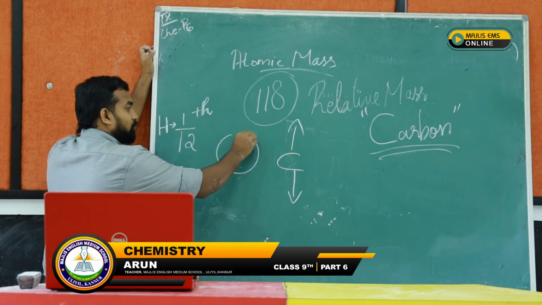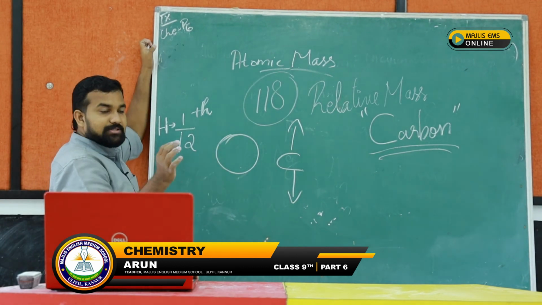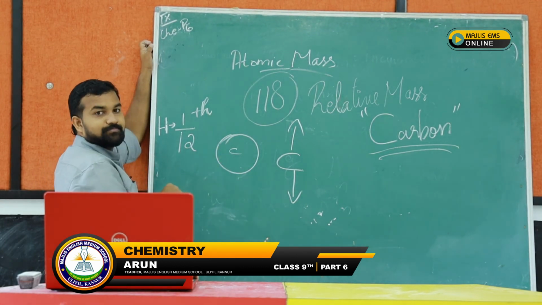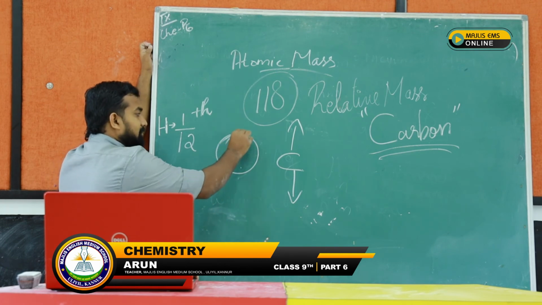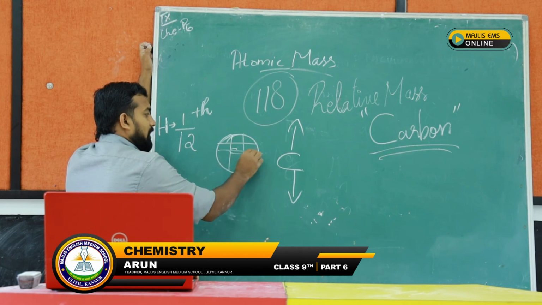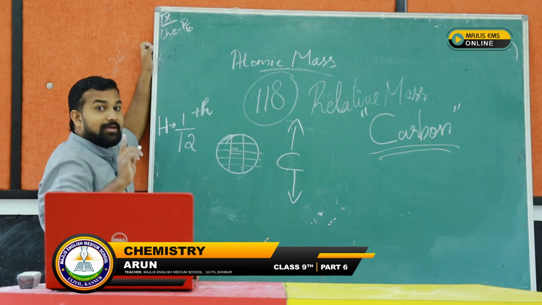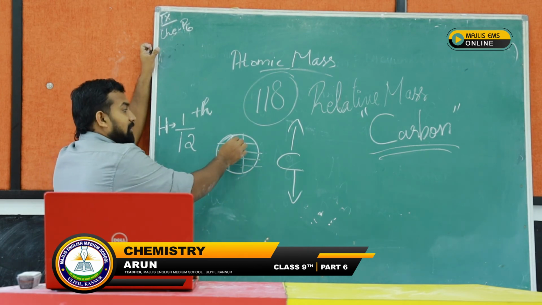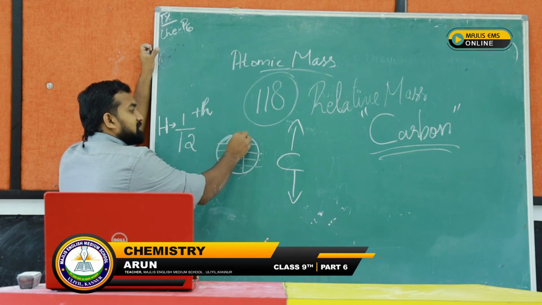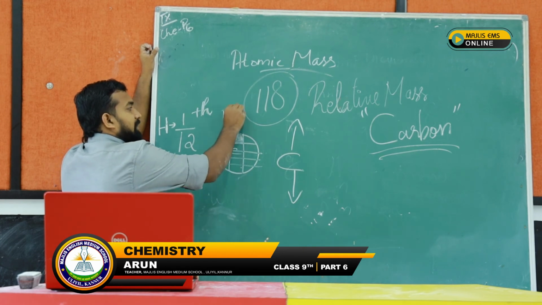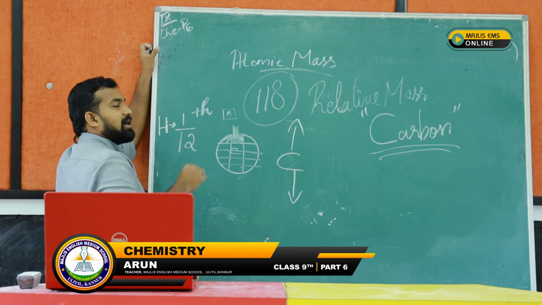I know you didn't understand it clearly. So let us take this as a carbon atom. If I cut the carbon atom into 12 equal pieces, and take one piece out, this will be the mass of the hydrogen atom.